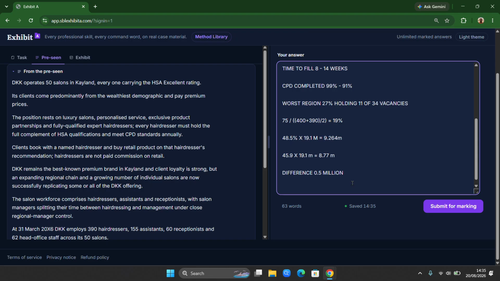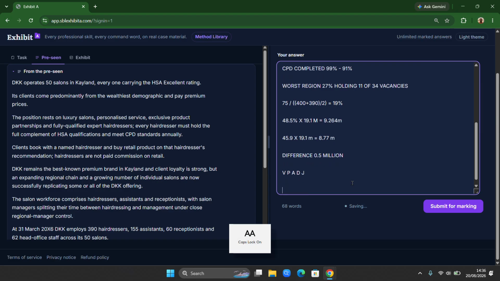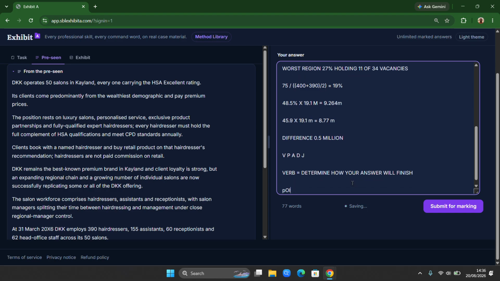I'm going to show you VPADJ, which is the technique which I teach my students. So we have the verb, which is going to determine how your answer will finish. Then you have the point, which is what you're going to state.